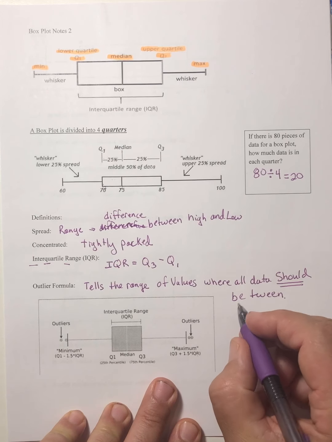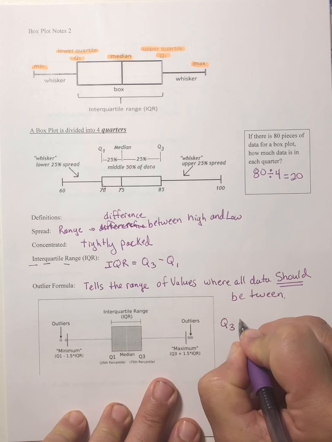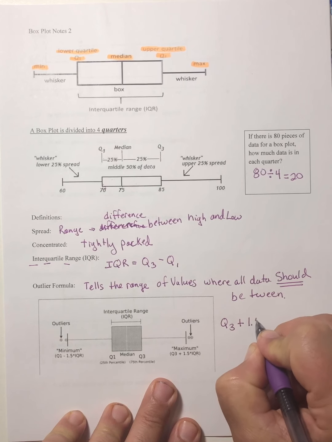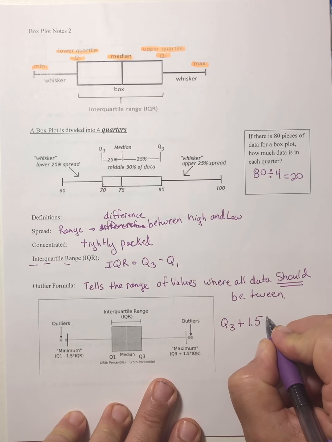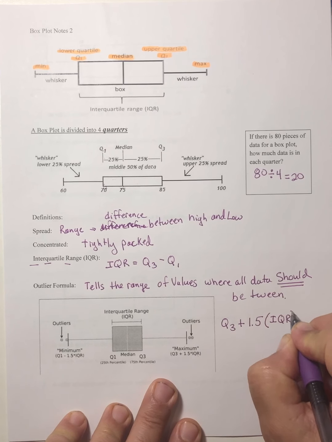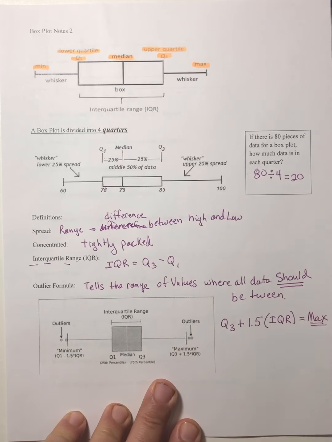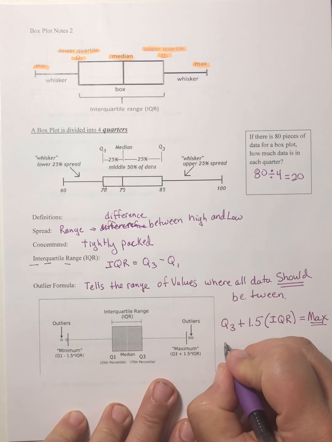Our maximum should be at Q3 plus 1.5 times the interquartile range. That's the highest the data should go.